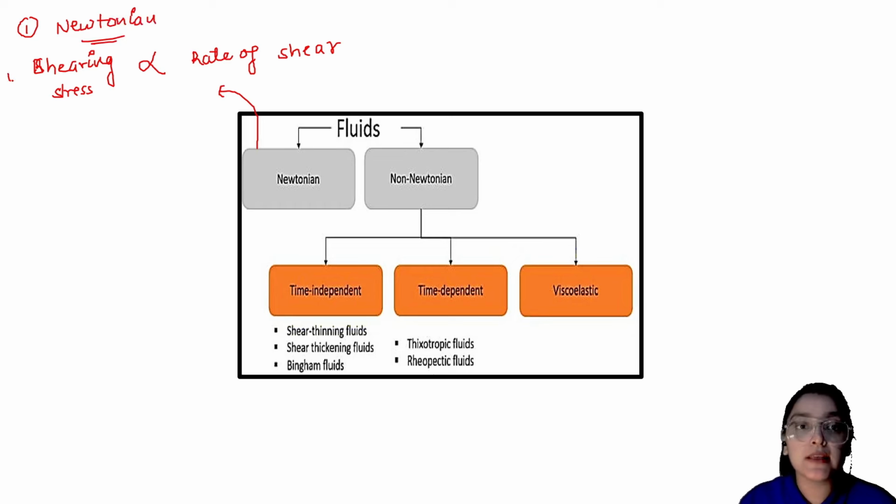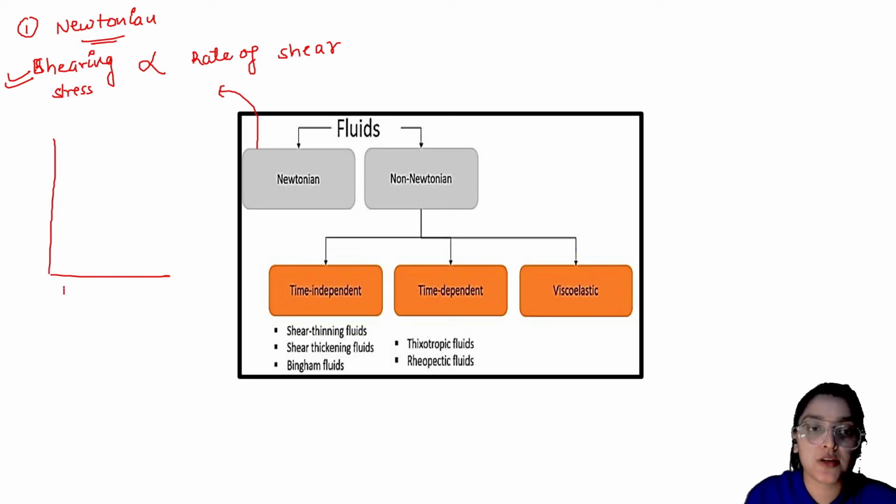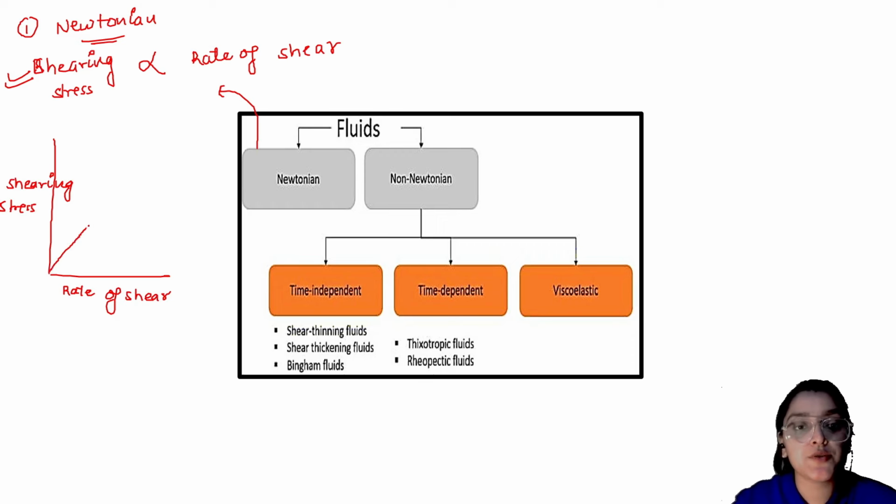Now, if we plot the rate of shear and the shearing stress for a Newtonian fluid, we are going to see a straight line graph.